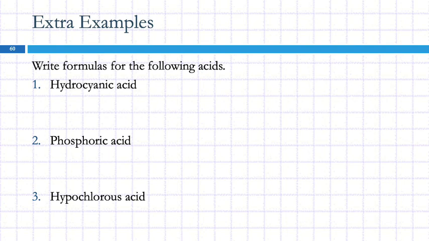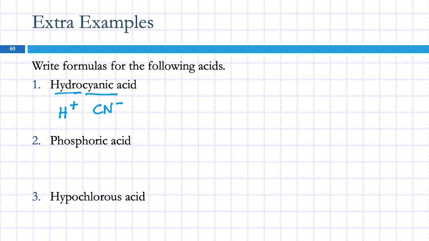The hydro stands for the H. And then cyanic, that's not an element, is it? There's a polyatomic anion called cyanide, and cyanide is CN minus.